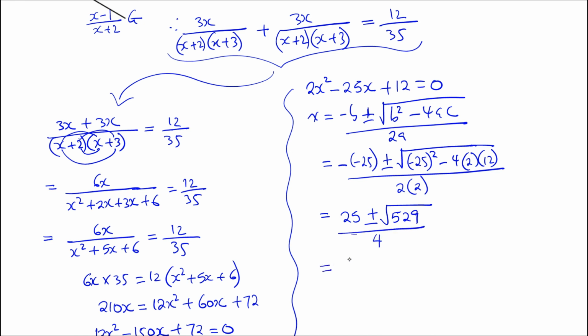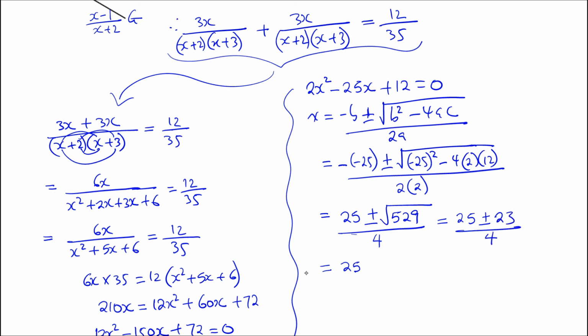So this means we have 25 plus or minus, and the square root of 529 is 23, so that will be 25 plus or minus 23 over 4.